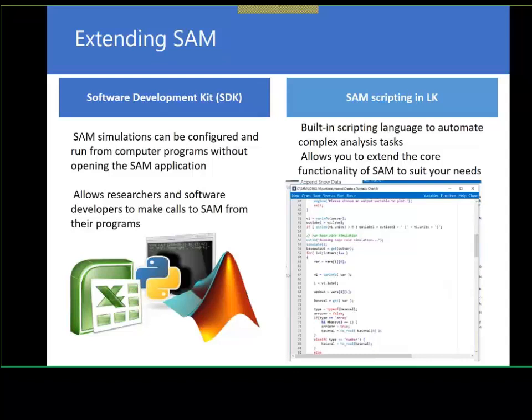SAM comes with a scripting language that's analogous to VBA in Excel, so you can automate the simulations in SAM, and you can also run SAM from programs that you write outside of SAM in other programming languages. So if any of you are computer programmers, this would be of interest.